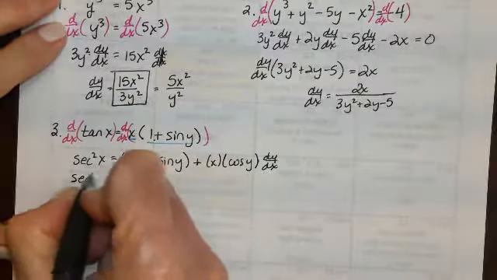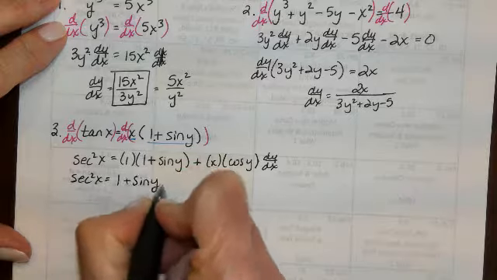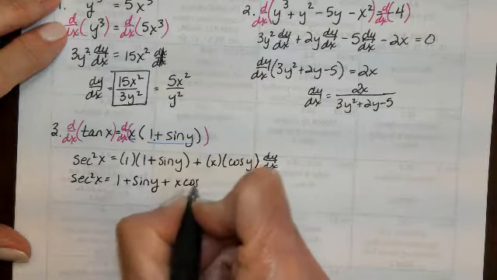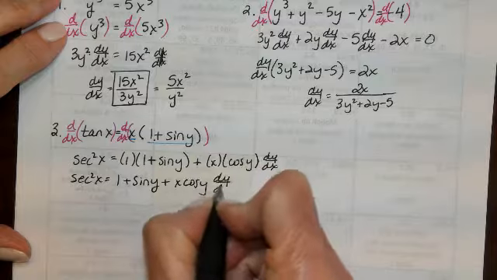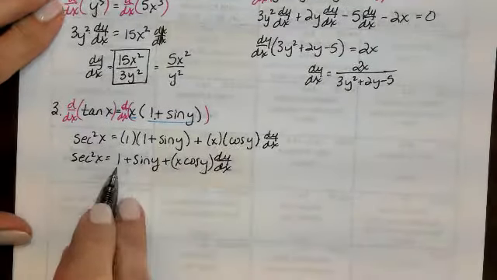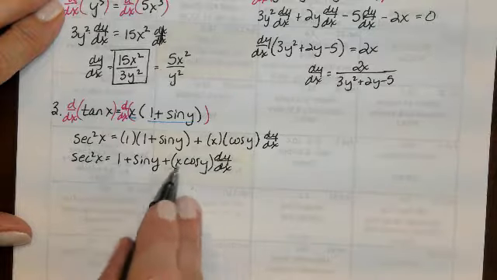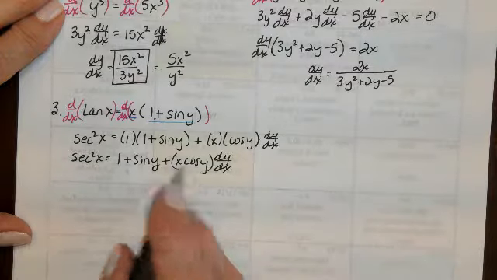Okay? Now we want to solve this for dy dx, so I take a look at it. I think I need to rewrite this a hair before I go on. So I'm going to subtract over the 1, subtract over the sine y, and then I'm going to divide everything by whatever's with the dy dx.